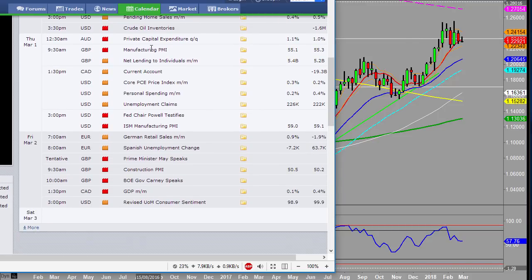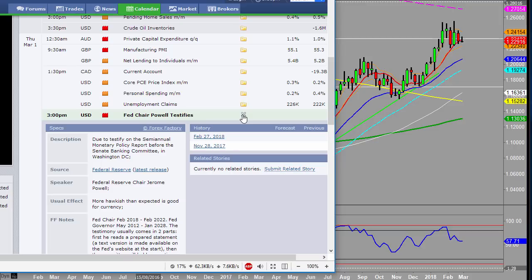And then moving into Thursday, the private capital expenditure may create a bit of volatility for the Aussie, and certainly the manufacturing PMI data will start kicking in and give some volatility around 9:30 for the pound. So that's certainly a mover. The other data here is much lower key, but we've got the Fed chair speaking again at 3 p.m. Again, he's just testifying to the other house.